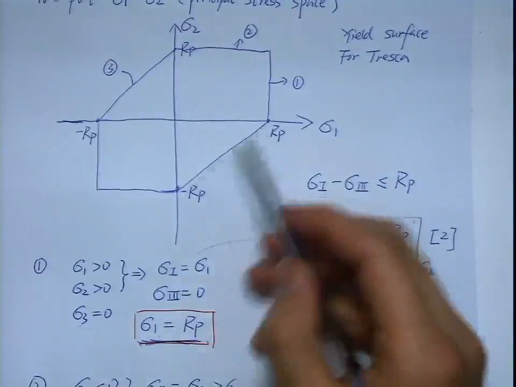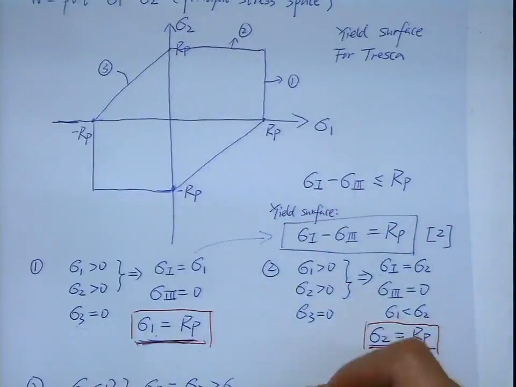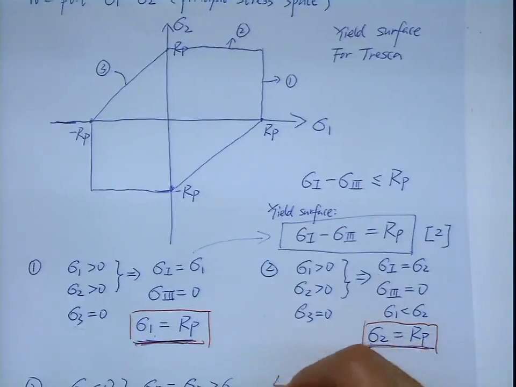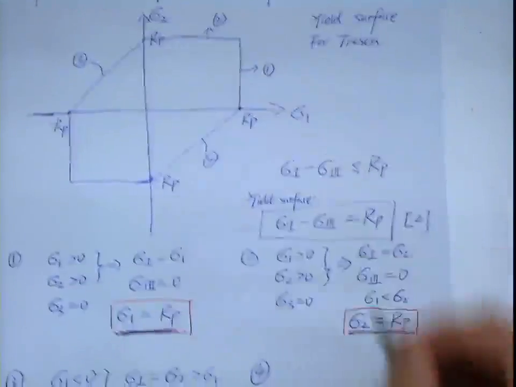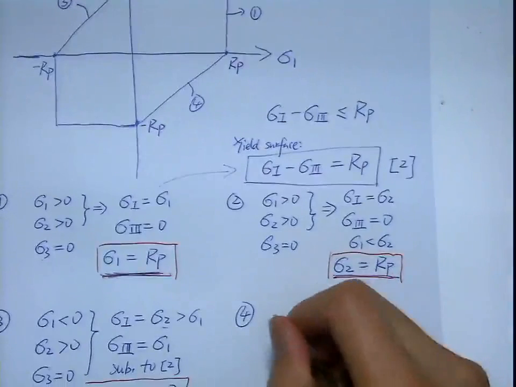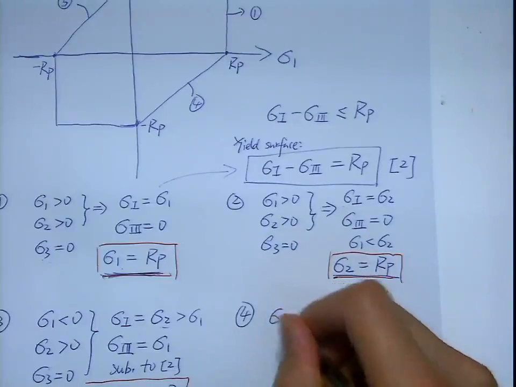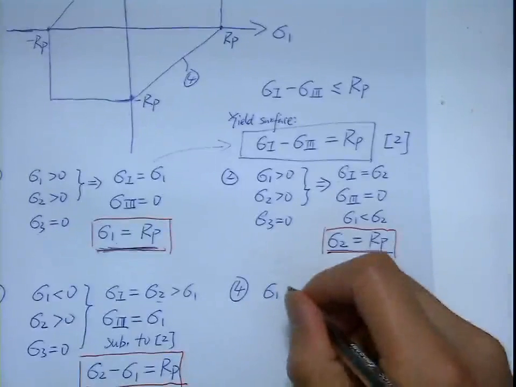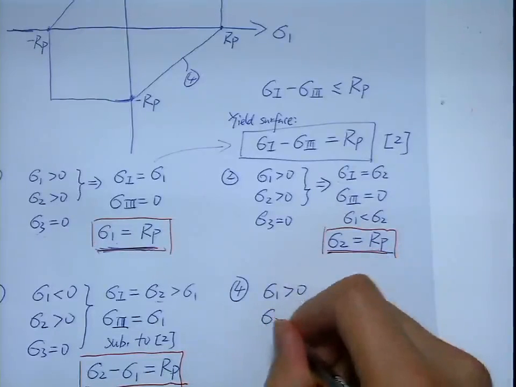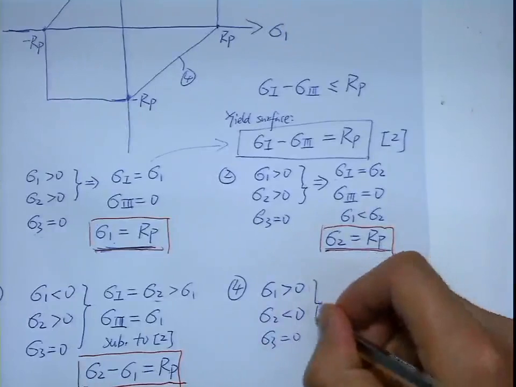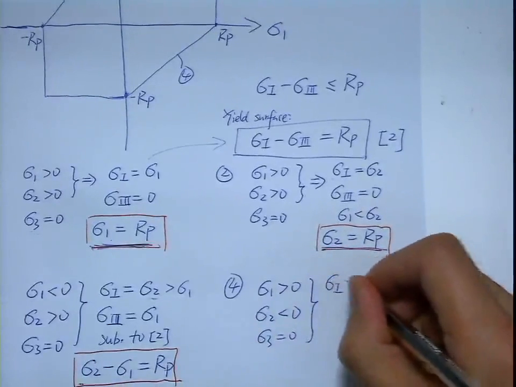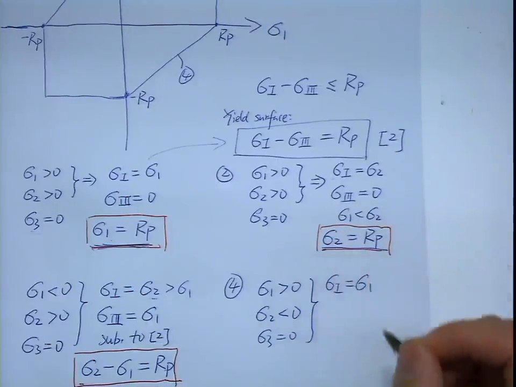Similarly, for that line, sigma 1 is larger, sigma 2 is negative. So now you assign sigma 1 equal to sigma small 1.